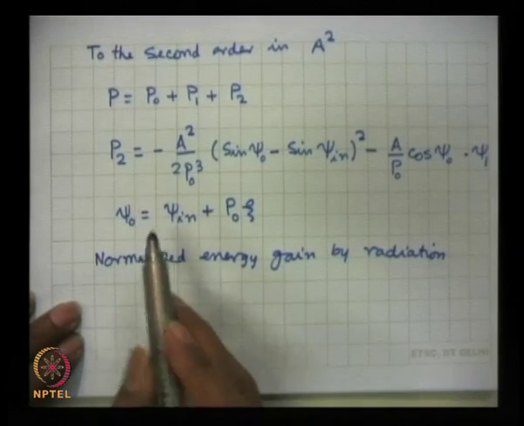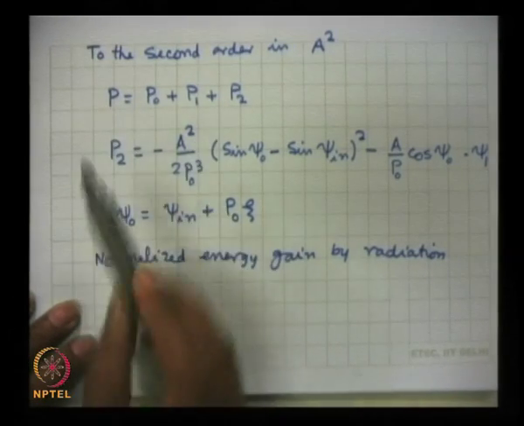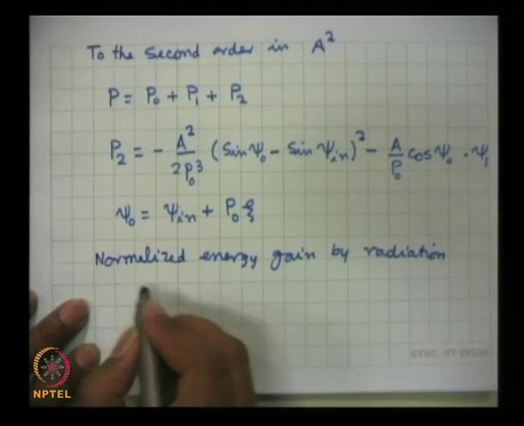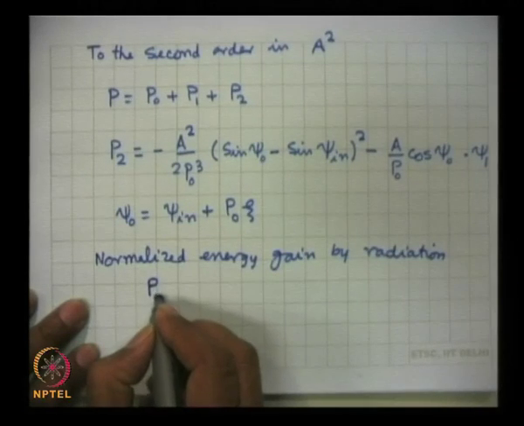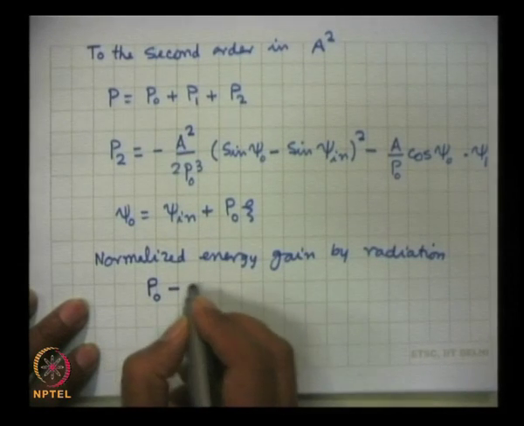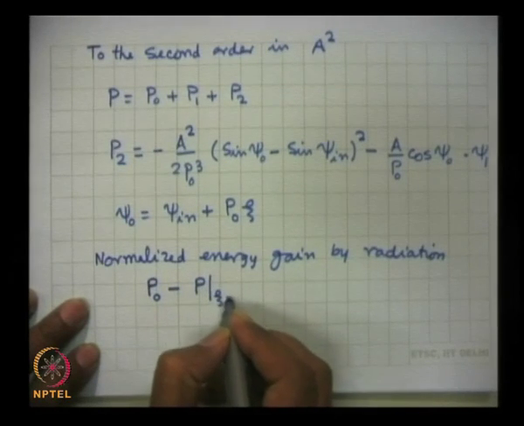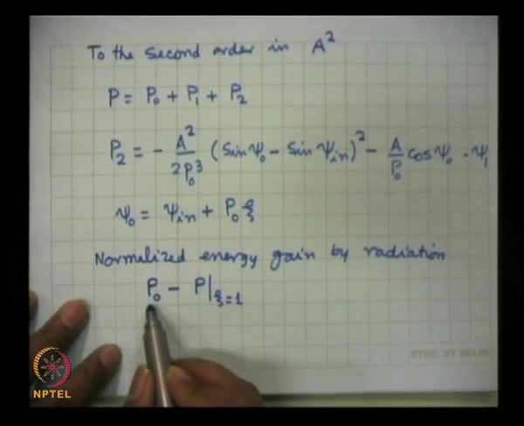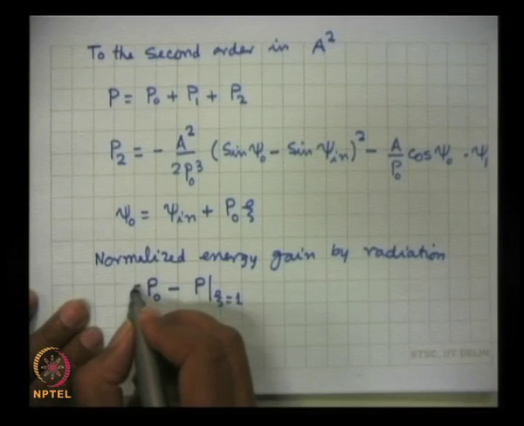If I treat P as some sort of a normalized energy with respect to gamma r, then the normalized energy gain by radiation is the same thing as the decrease in energy of the electron, initial energy minus P at a value xi equal to 1, because xi equal to 1 means z equal to L. So, this is the particle energy in the beginning, this is the particle energy at the end. So, this is the energy going to radiation.